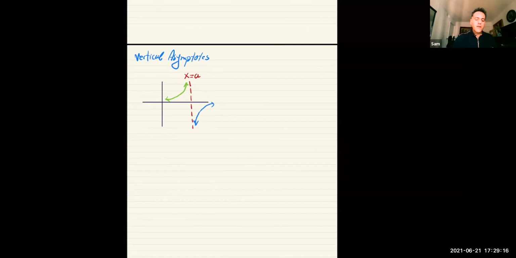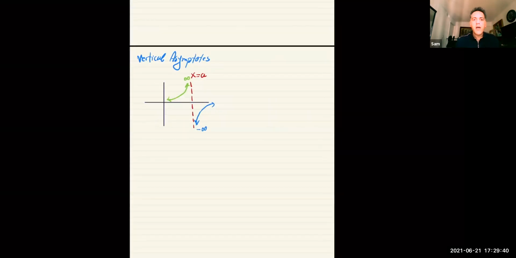It goes all the way up to infinity from the left, and on the right of a, it's going down to -infinity. So this goes to -infinity, and here it's going towards +infinity. So how do we describe the behavior of this function near that red line? That red line is acting like a wall.